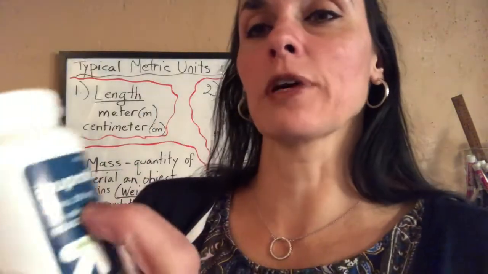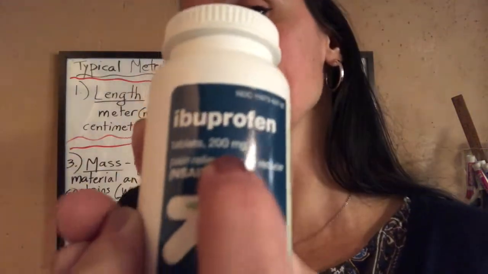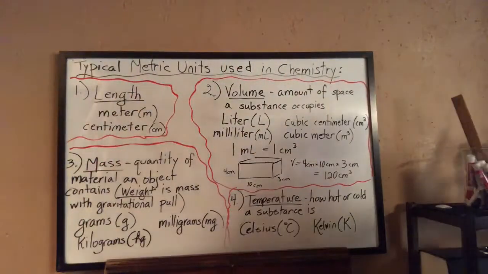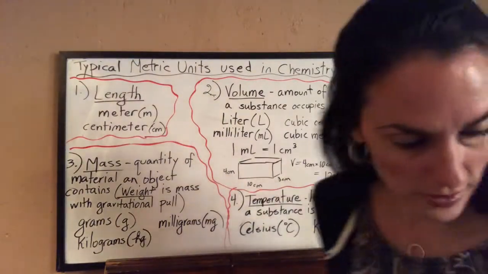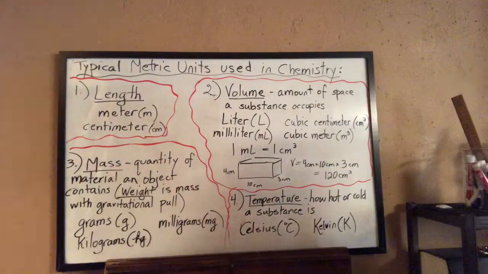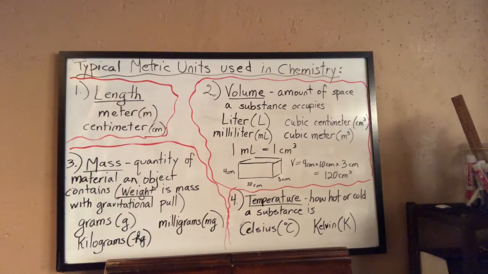For example, if you buy a bottle of ibuprofen, whether you buy Advil, Motrin, or store brand ibuprofen, the ibuprofen, which is the active ingredient, is in a dosage of milligrams, 200 milligrams. So milligrams is used for medicinal dosages.